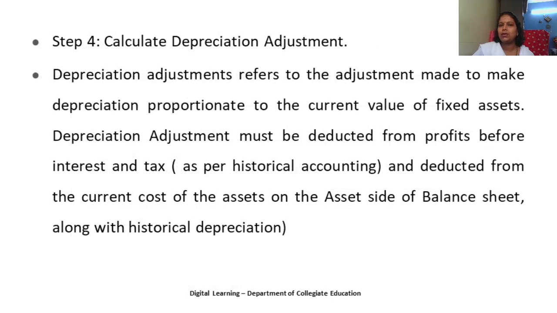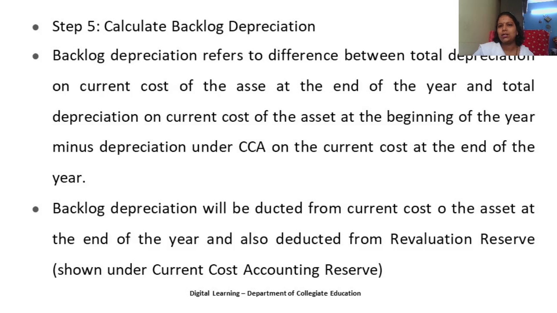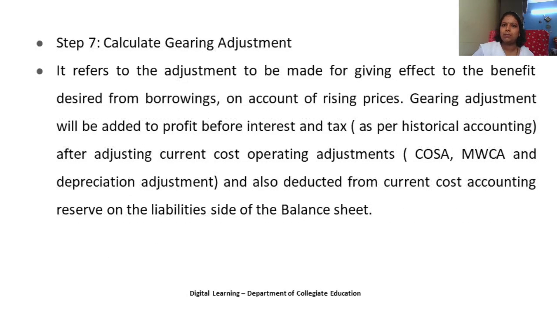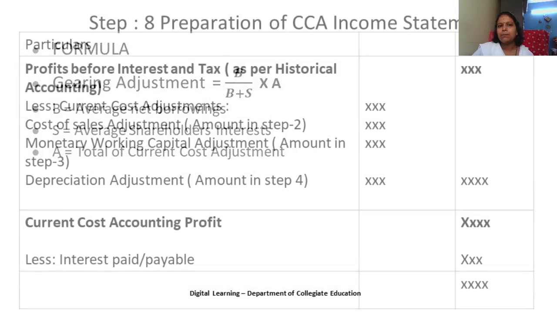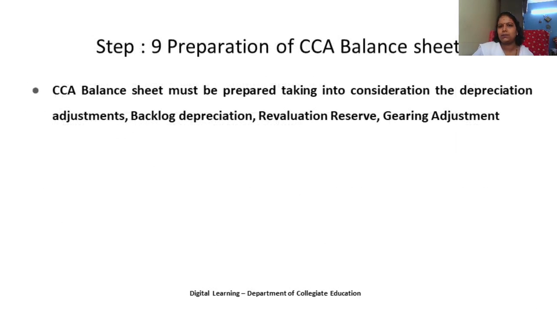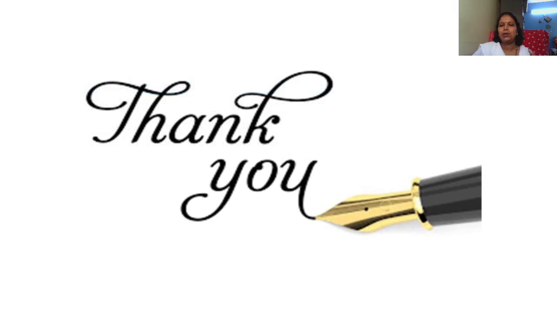Step number 4, depreciation adjustment. Step number 5, backlog depreciation. Step number 6, revaluation reserve. Step number 7, gearing adjustment. 8 and 9 are very easy. Your preparation of income statement and balance sheet, you have to prepare both, and then your 14 marks problems will get completed.